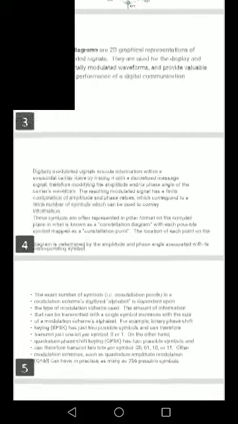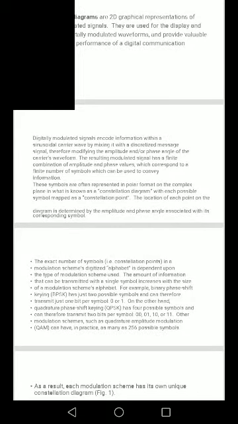Digital modulation encodes information within a sinusoidal carrier wave by mixing it with a discretized message signal, therefore modifying the amplitude and phase angle of the carrier waveform. The resulting modulated signal is a finite combination of amplitude and phase values, which corresponds to a finite number of symbols which can be used to convey information.